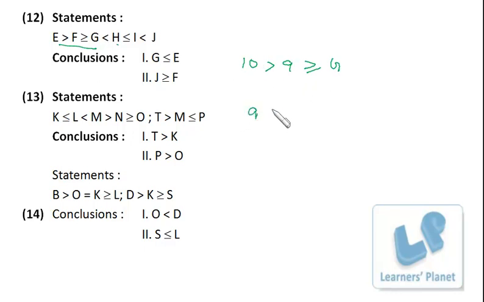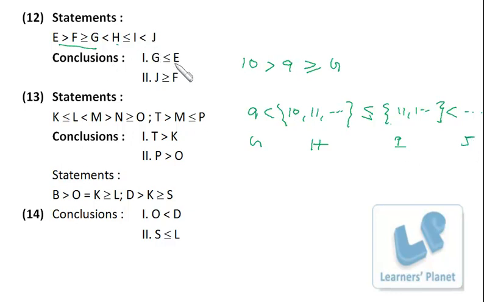It is less than so many numbers, suppose 10 or 11, then less than or equal to again so many numbers, maybe 11, 12 and others, and it is further less than J. That's also once again so many numbers. So this is G, this is H, this is I, and this is J.